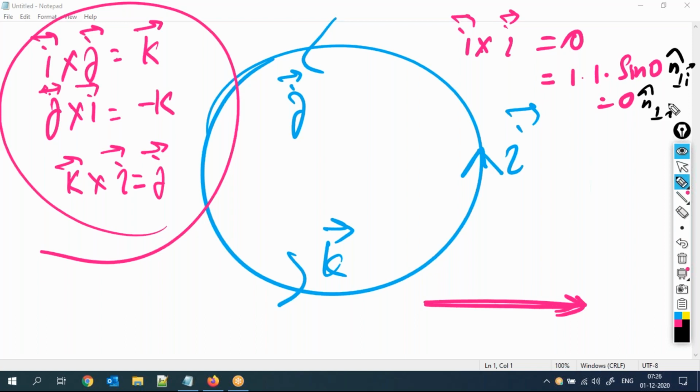It will be 1 into cos 0 because we are doing it from the base. And cos 0 is equal to 1. What are we doing, cross or dot? Oh, cross. Shashwat is confusing a lot this time. Okay, are we clear?